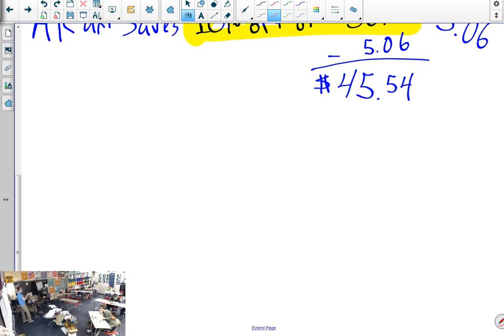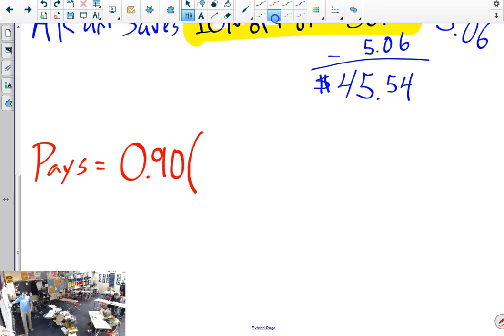What percent does Akari end up paying? He ends up paying 90%. 90% of the new price for the shoes, right?